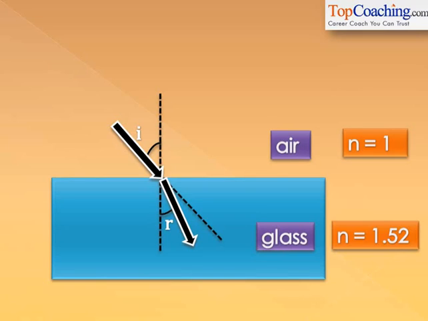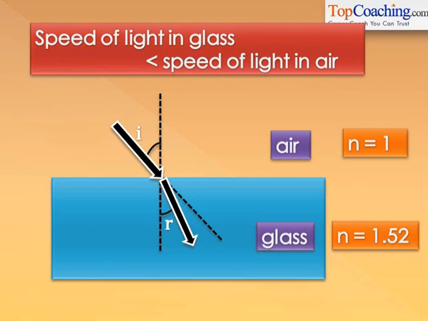Now air and vacuum are very similar. The refractive index of air is 1.003. So for all general calculations, we assume that the refractive index of air is the same as that of vacuum. So the refractive index of glass with respect to vacuum is 1.52 and that of air with respect to vacuum is 1. What does this tell you about the speed of light in air and glass?